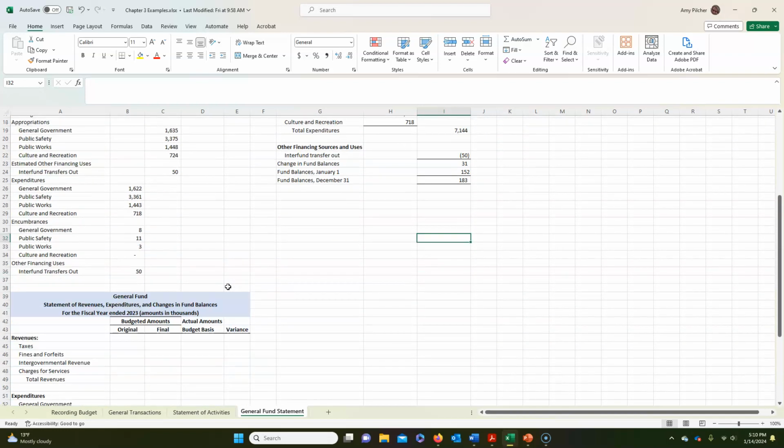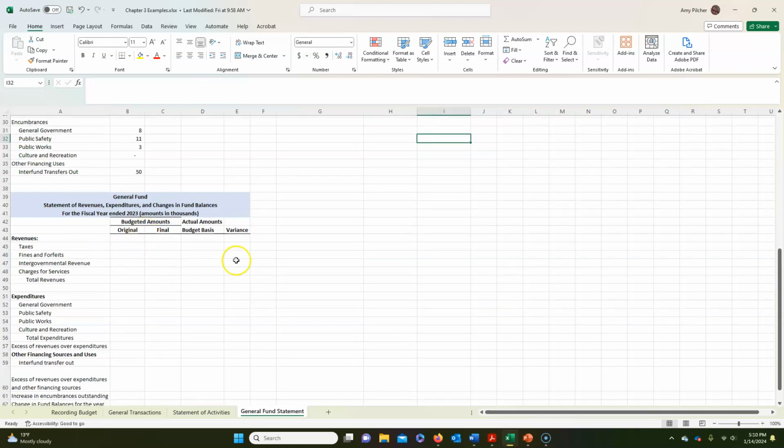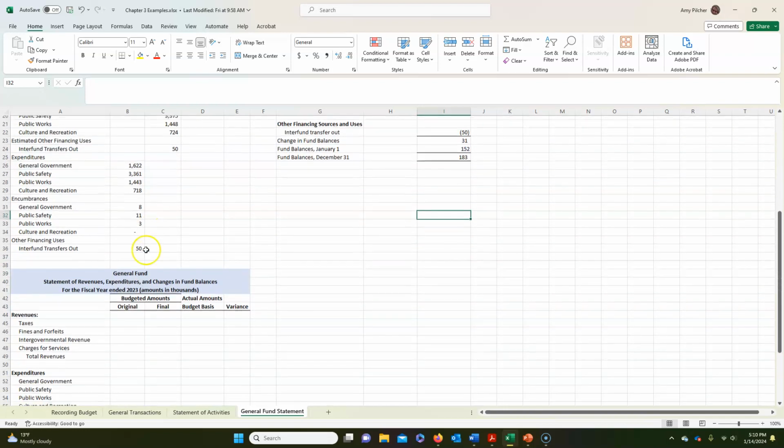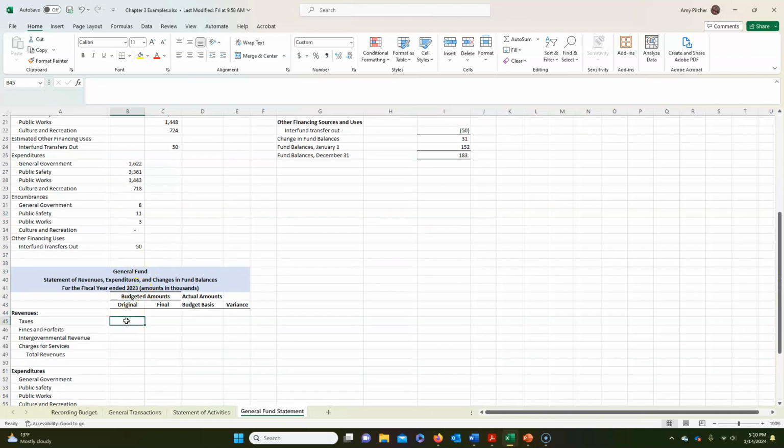Okay, now the second part of that question is a budget to actual and variance analysis. So when we have our original budget and our final budget, when there would be differences in that is if we had amended the budget during the year. So it says up here that assume the budget was not amended during the year. So there was no change, so the original and final are going to be exactly the same.